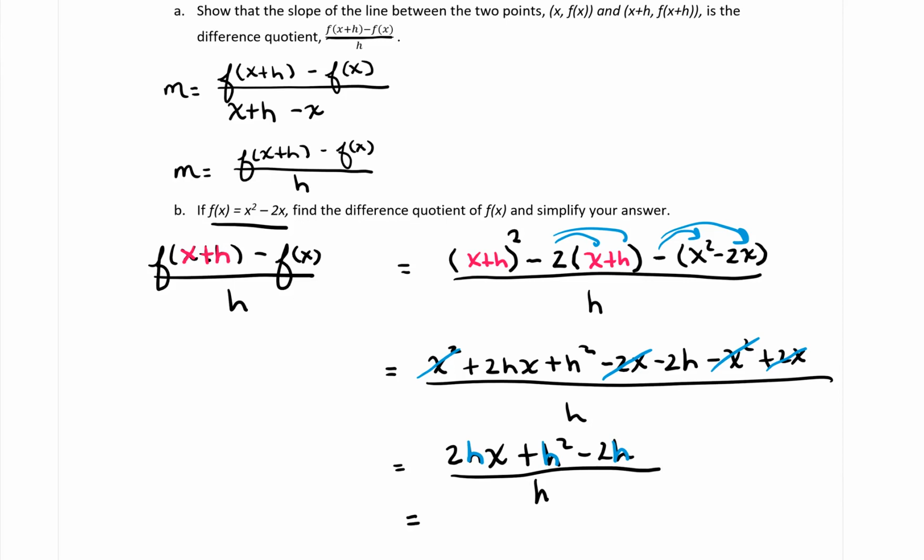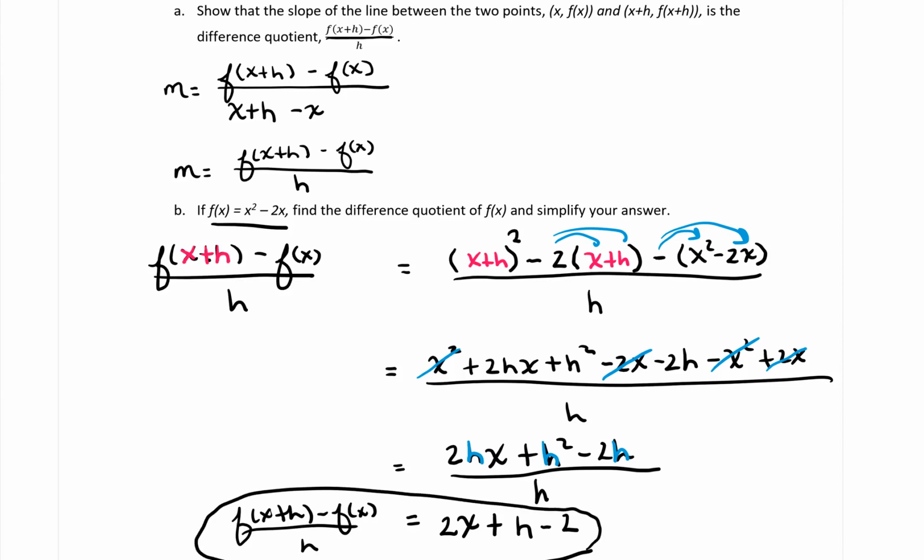So 2hx over h gives us 2x, plus h squared over h, that's just a single h, minus 2h over h just leaves us with a 2. So we found our difference quotient, which is 2x plus h minus 2.